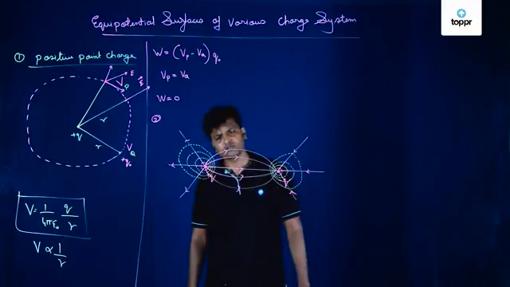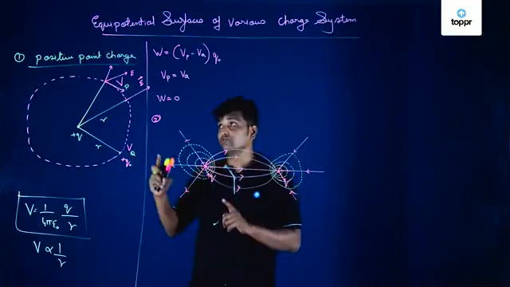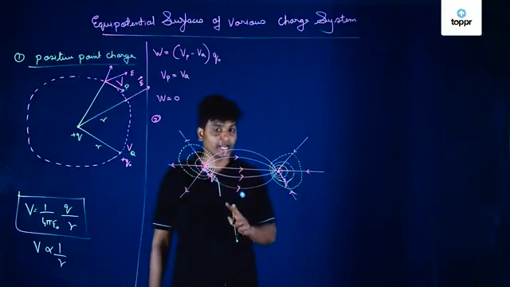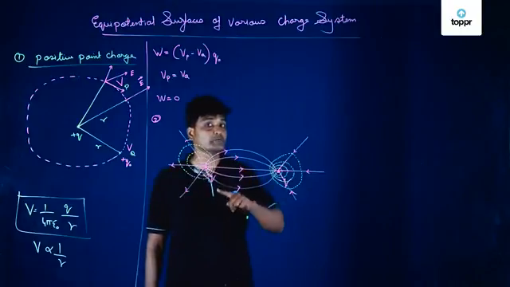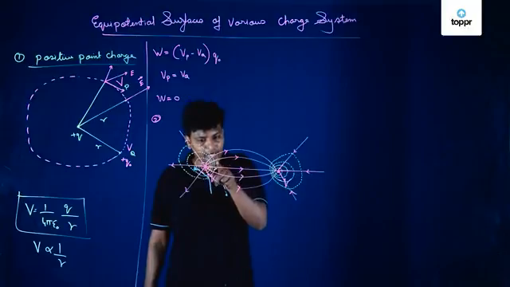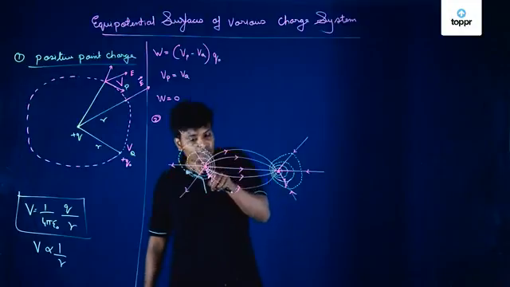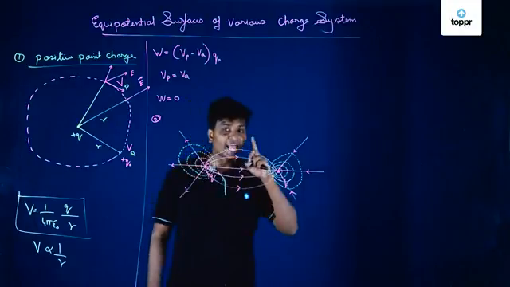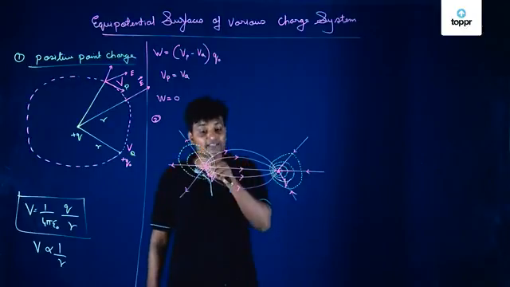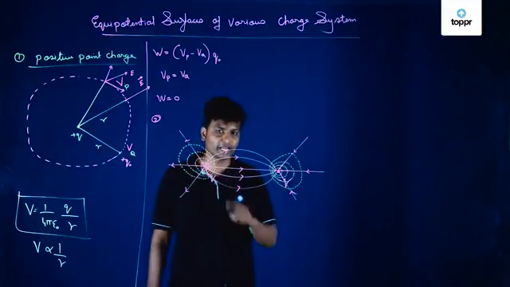Why are the equipotential surfaces closer to each other? Because of the second property. The second property says that electric field lines should always be normal to the equipotential surfaces. Now, if the electric field lines are congregated and crowded over here, then the surfaces have to be in such a way that every electric field line passes normal to it, and this is the best possible way it can happen.